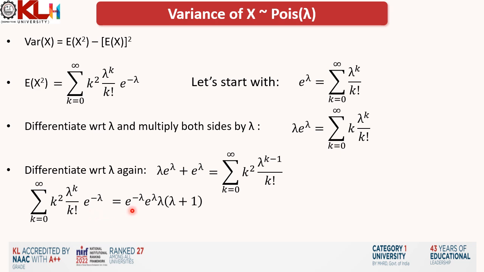So if you solve for this, then the expectation of x square will be lambda times lambda plus 1. The variance of x is the expectation of x square minus the mean square. The mean is lambda. So if you substitute that, you get the variance as lambda. So the variance and mean of a Poisson distribution is lambda.